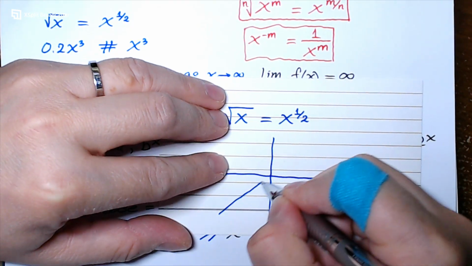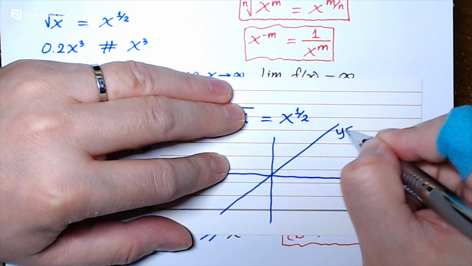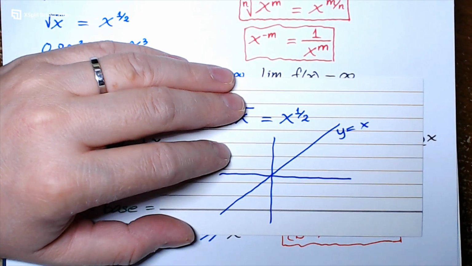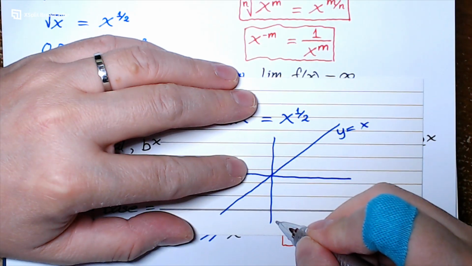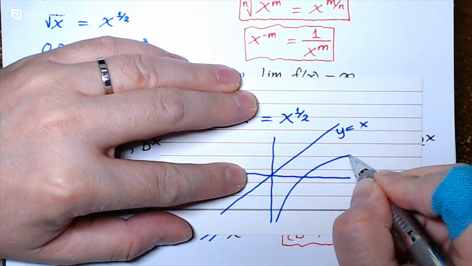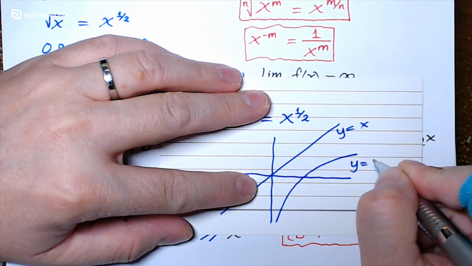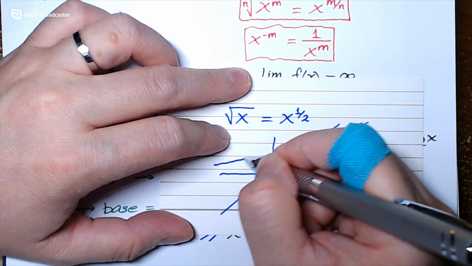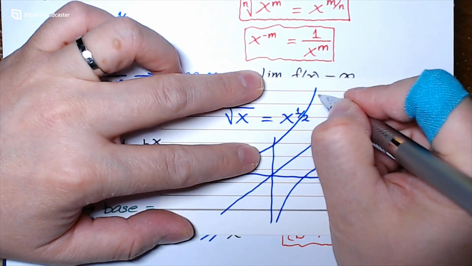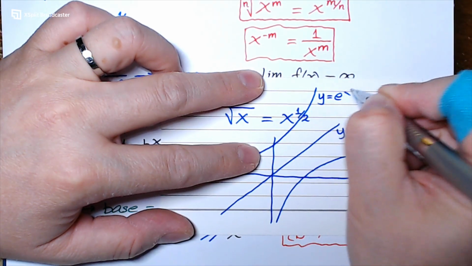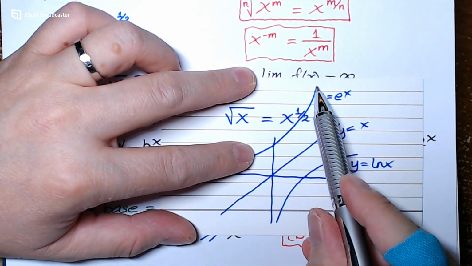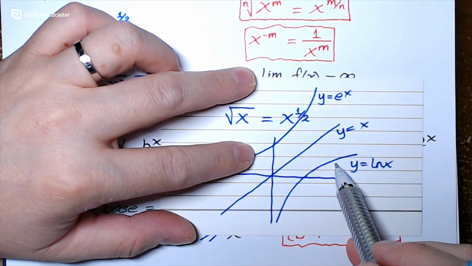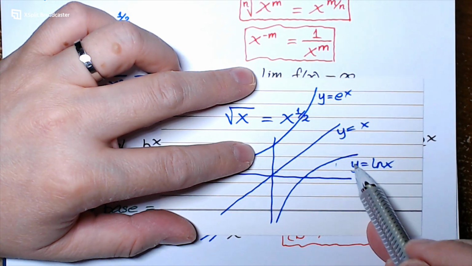This is y equal to x, a power. The log is the smallest, and the exponential function will be faster than this, faster than power, faster than ln.